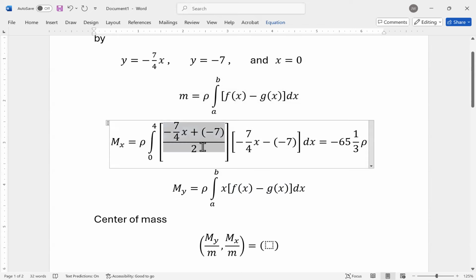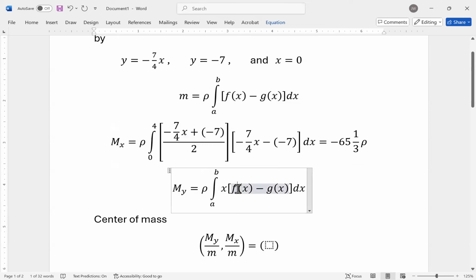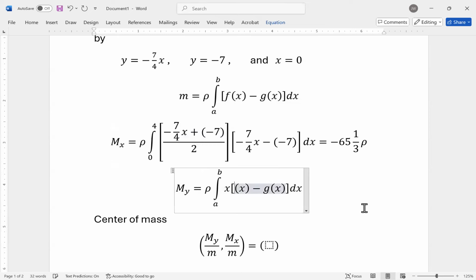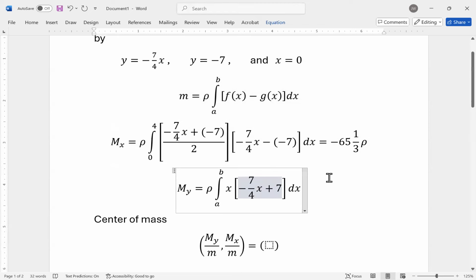I'll delete this and replace it with just the x. The f minus g is still negative 7/4 times x. I'm just going to write a plus 7 here instead of a minus negative 7. And then I'm still integrating from 0 to 4.